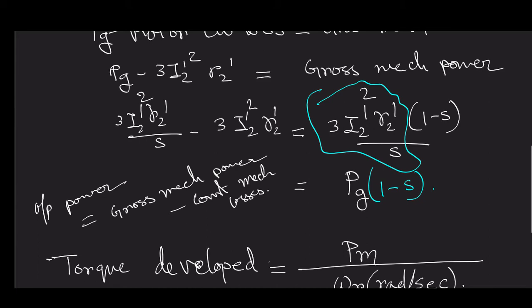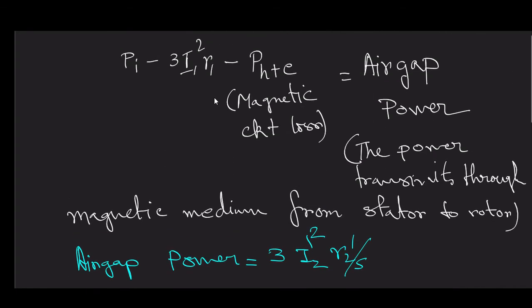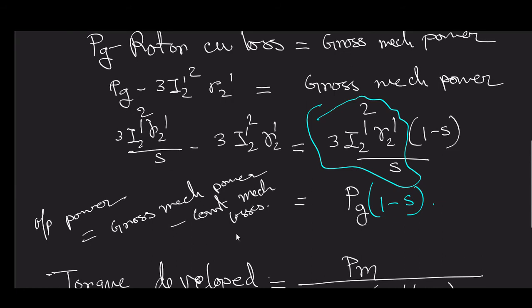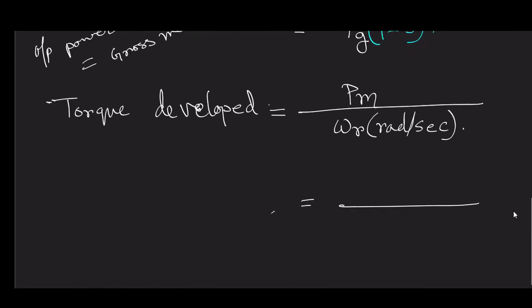And here is one nice argument: quite often we do not consider this loss here. Instead of considering this constant mechanical loss here, we do a little bit of manipulation with this power loss sequence.